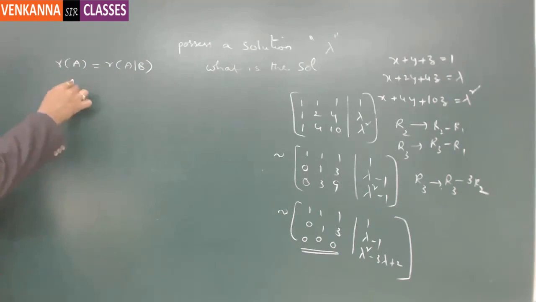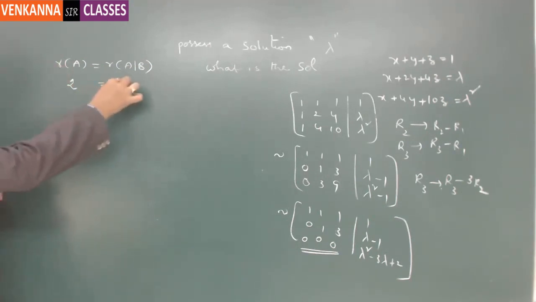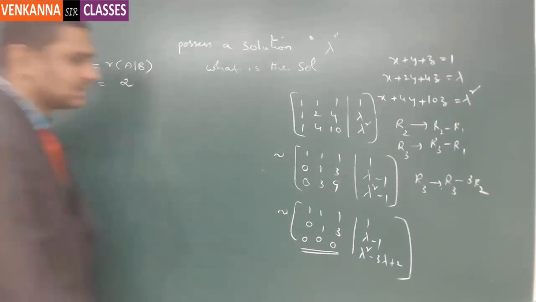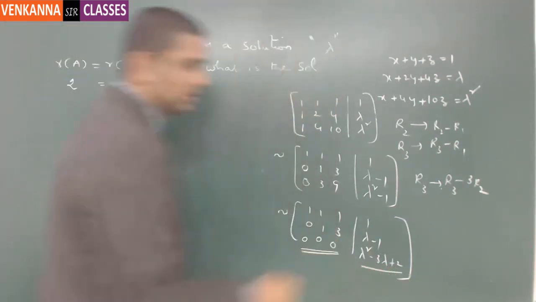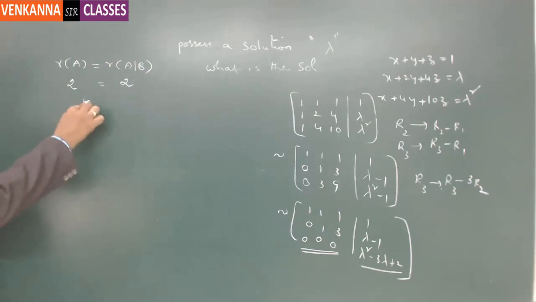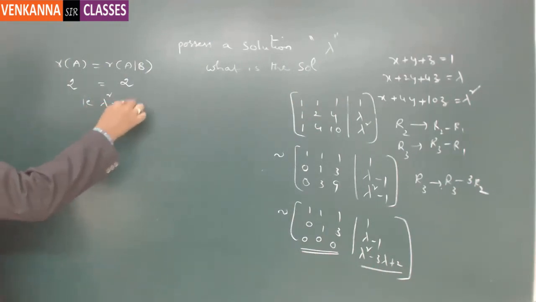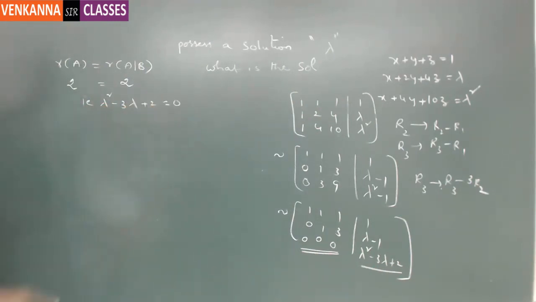Since rank of A is 2, rank of A|B must also be equal to 2. So this part must be equal to 0. If the value is not equal to 0, then the ranks of A and the augmented matrix are unequal, so the system is inconsistent and has no solution.